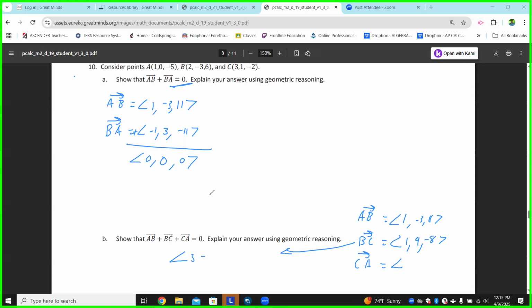So this would be 3 minus 2, and then for BC, this would be 1 minus -3, and then this would be -2 minus 6. And then for CA, I'm going to start off with A. So this would be 1 minus 3, 1 minus 0, and then -2 minus -5.